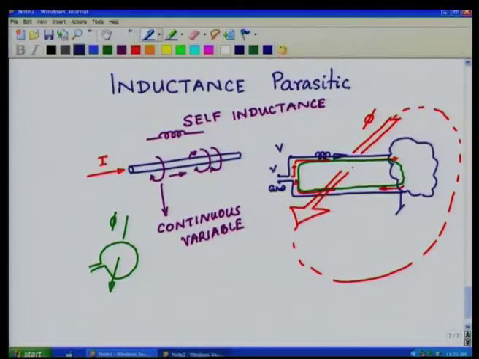This has not only the self inductance, it also produces flux in a manner perpendicular to the face of the loop.